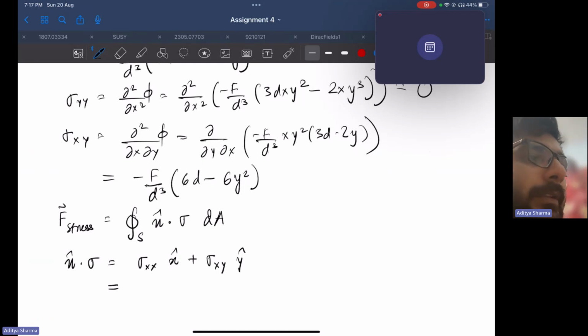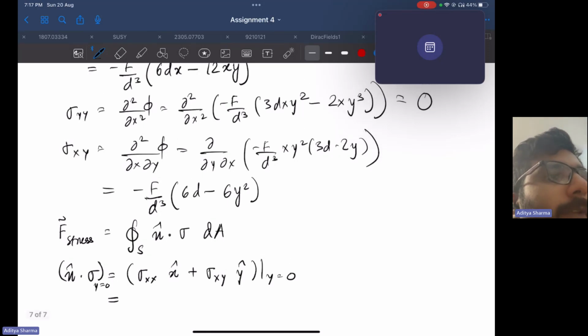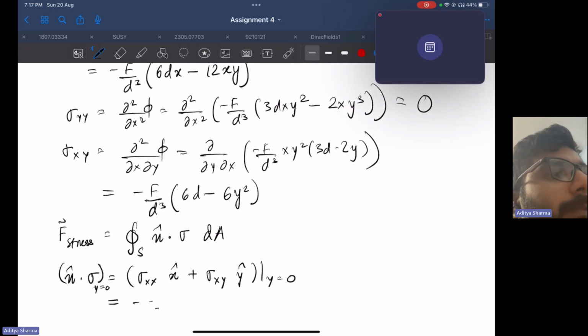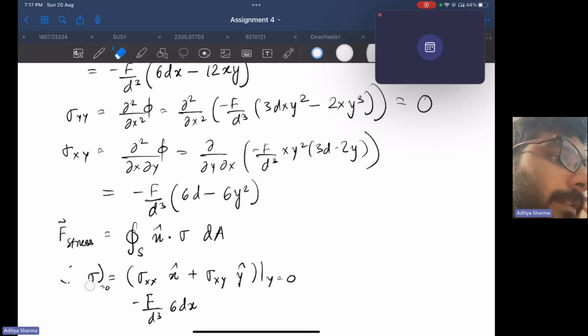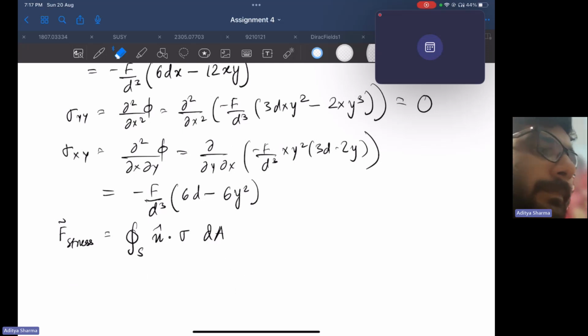So we'll look at this at y equal to 0, where we have minus x d cubed 6dx. Okay, we'll look at a surface.